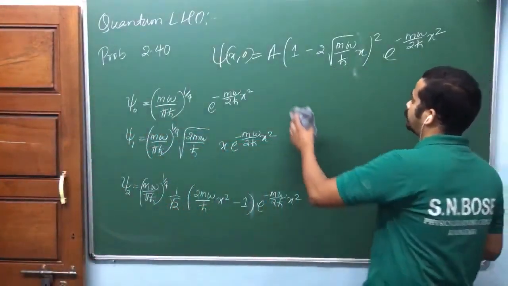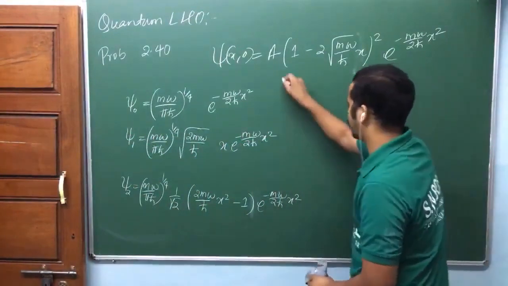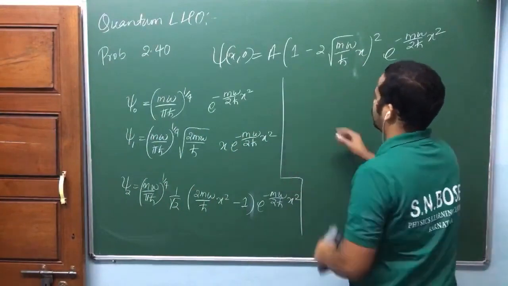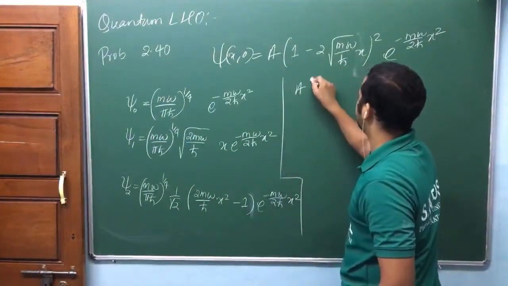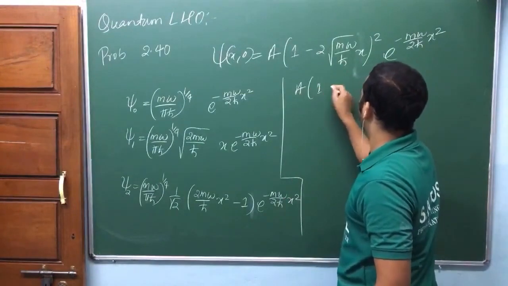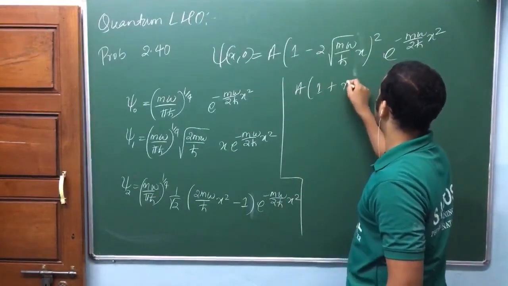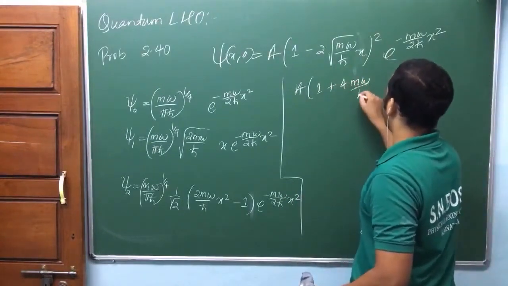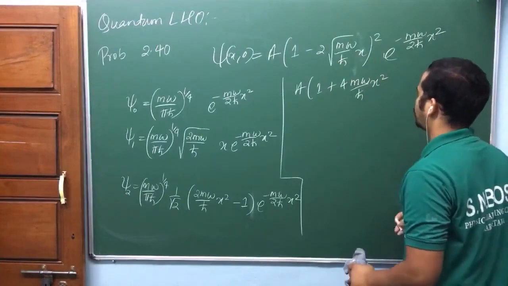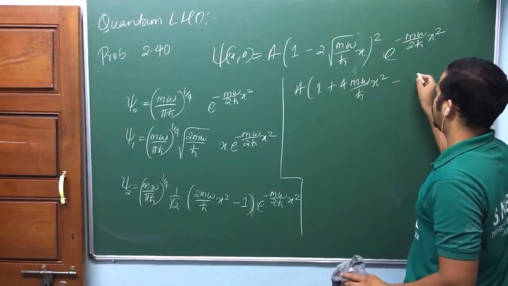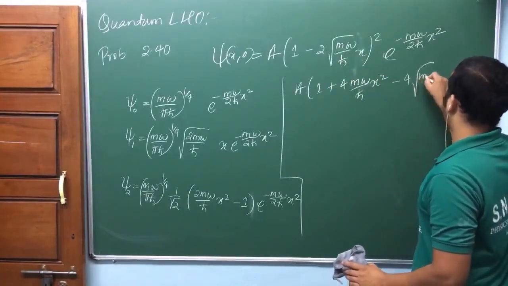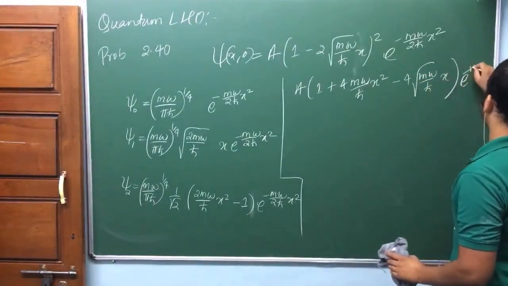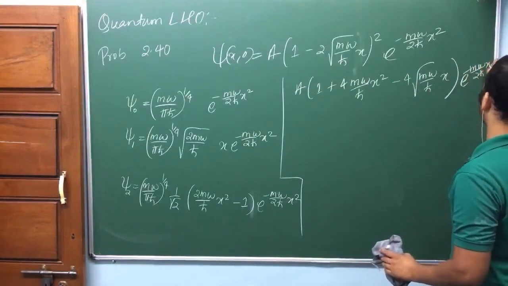Now what I do here is, look at here. Let me just rewrite this one, okay? A into 1 plus 4m omega by h bar x square minus 2, am I right? 4 root of m omega by h bar x multiplied with e power minus m omega by 2 h bar x square, isn't it?